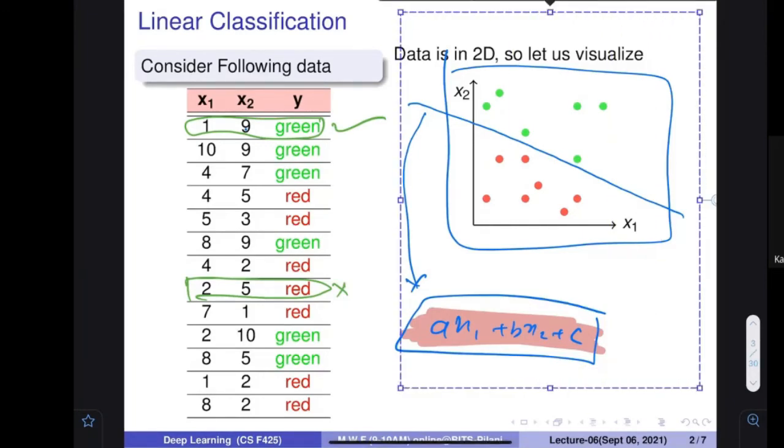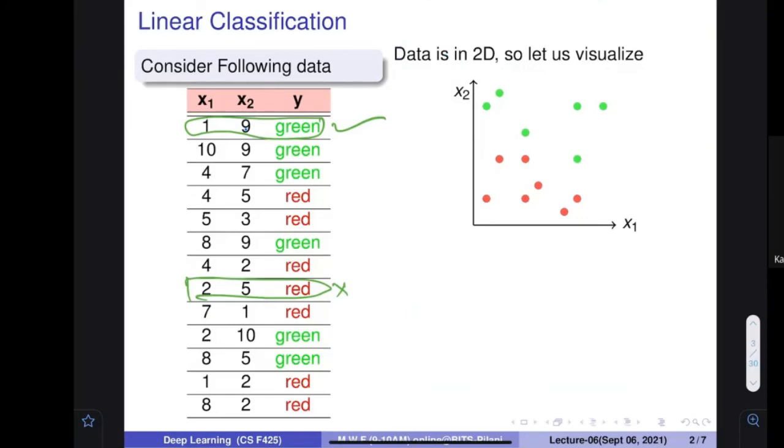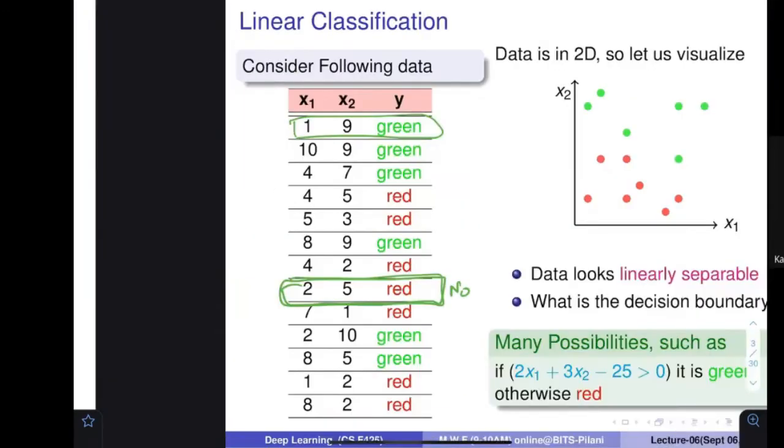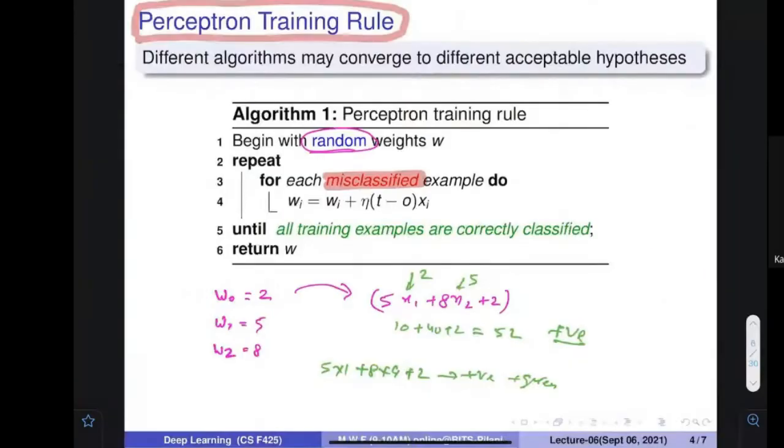The algorithm says that for the places where you are wrong, you find out what those places are, and you use this particular formula: Wi is equal to Wi plus eta times (target minus output) multiplied by xi. You use this formula to update the weights. You understand that not all the examples would be misclassified.